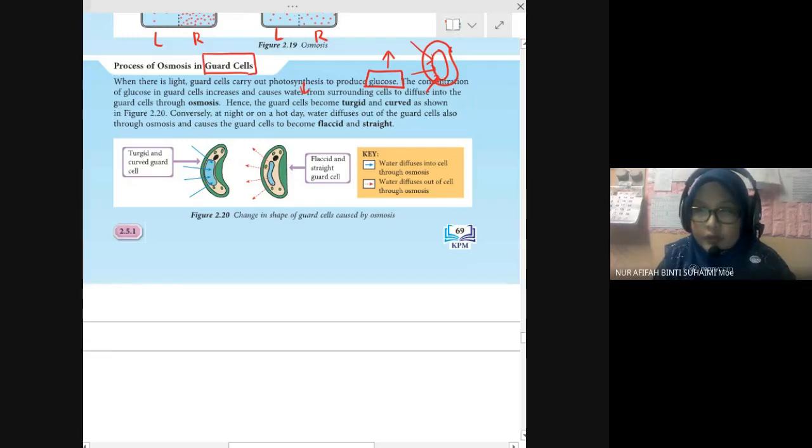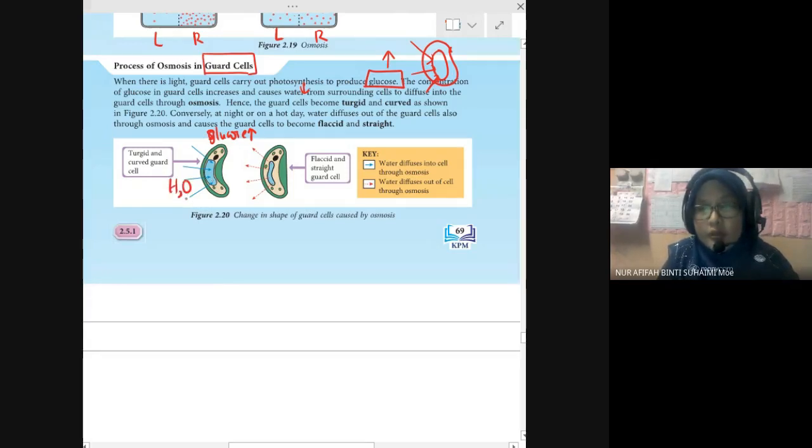Okay, during photosynthesis, glucose or sucrose becomes higher. So there is less water. Then the osmosis process will occur where the water will enter the guard cell because there is less water inside the guard cell, right?